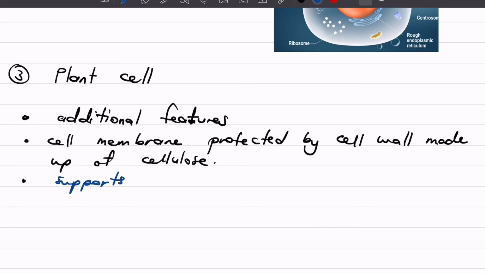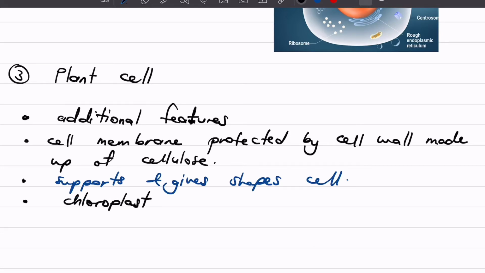It supports and gives shape to the cell. Okay, there are tiny green discs called chloroplasts with green pigments called chlorophyll.